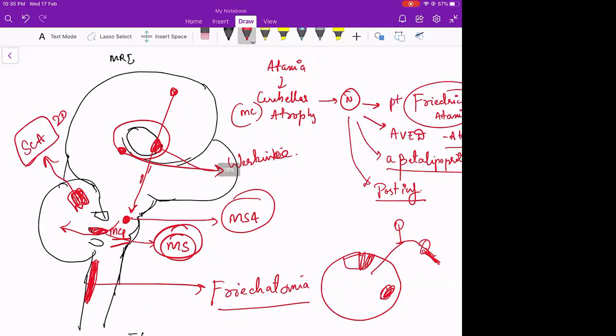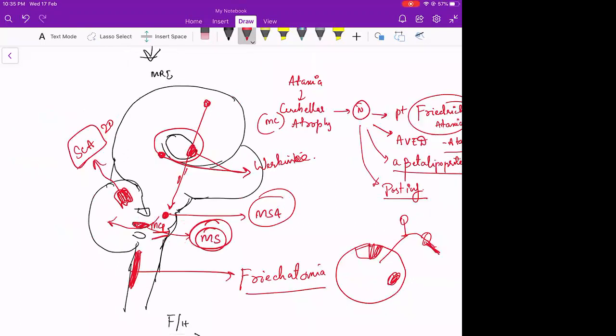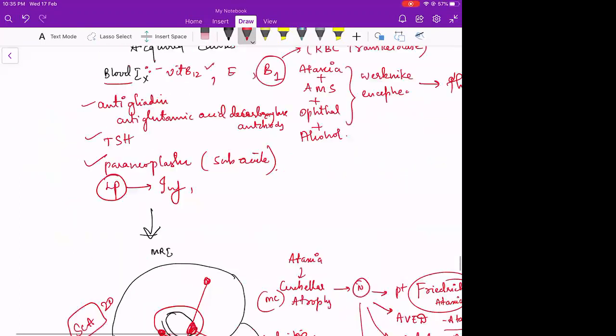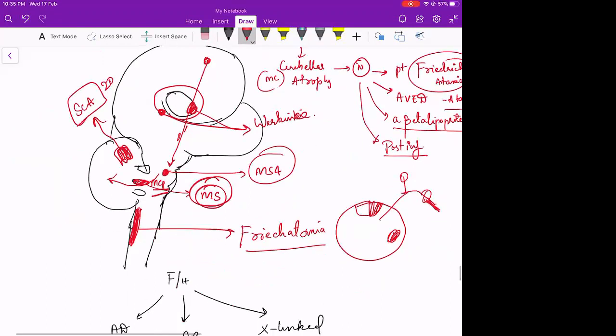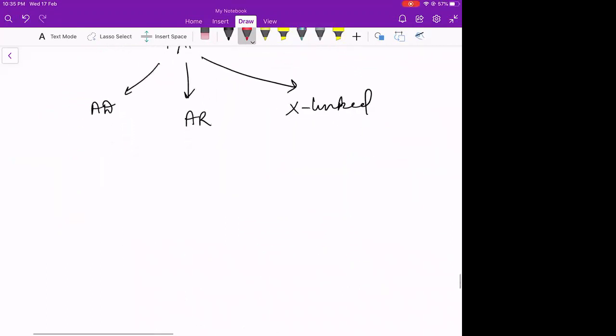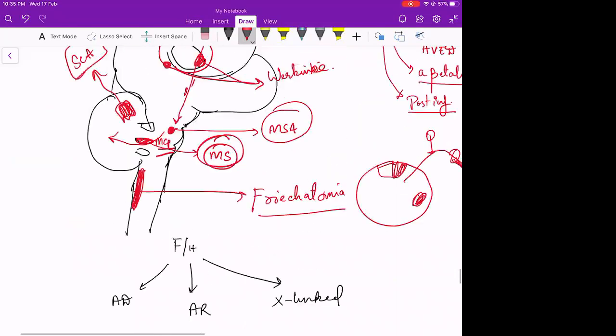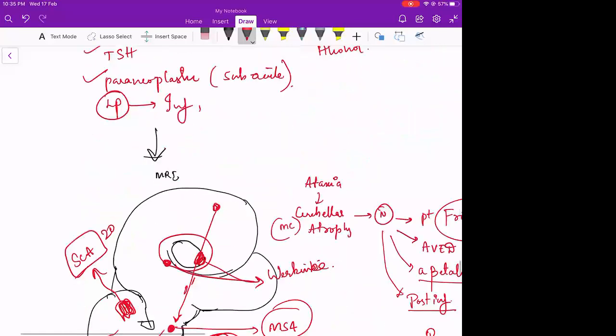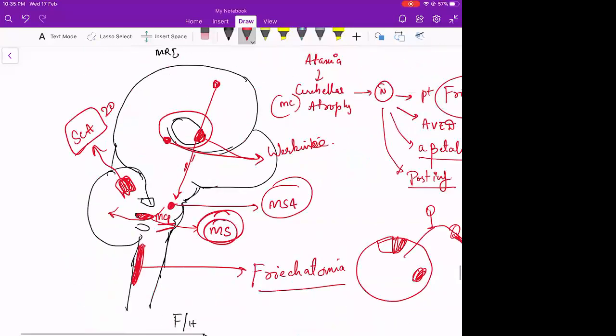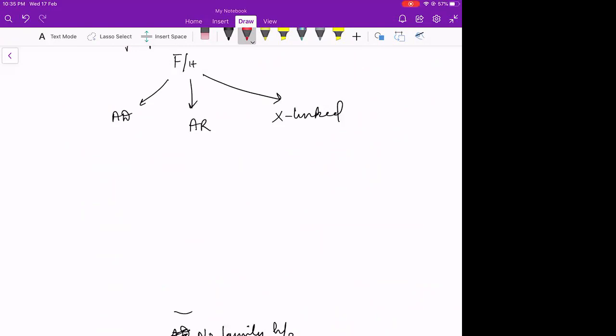After doing the MRI and ruling things out, we'll come to a conclusion that the patient is having a cerebellar disorder without any particular etiology. Then we'll ask about the family history. After ruling out all the acquired and diagnosable causes, if none is revealed but there is a positive family history of cerebellar ataxia in a family member, it can be further classified into autosomal dominant, autosomal recessive, and X-linked.